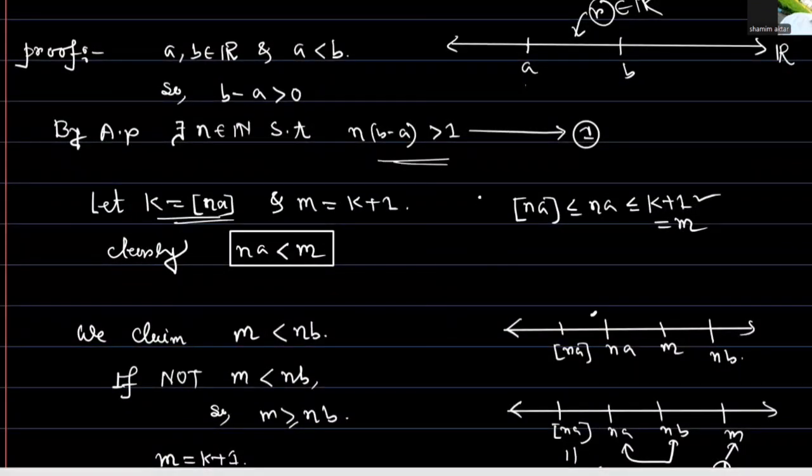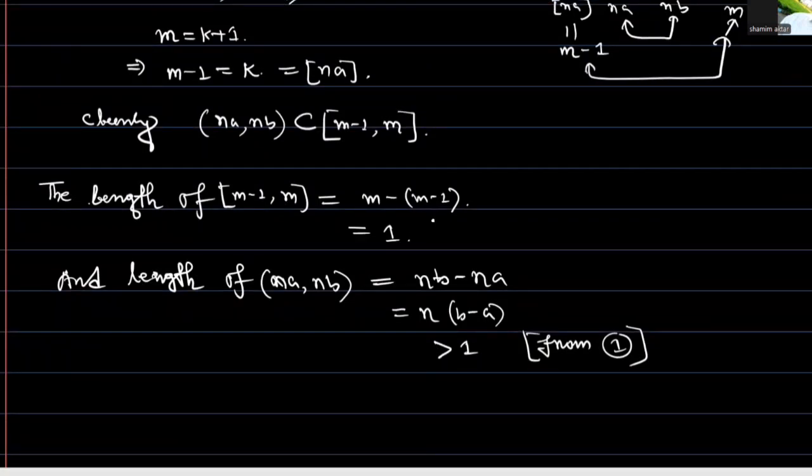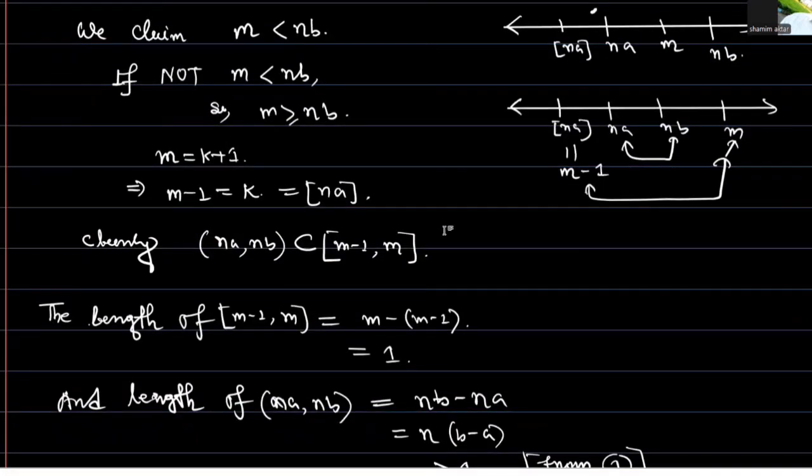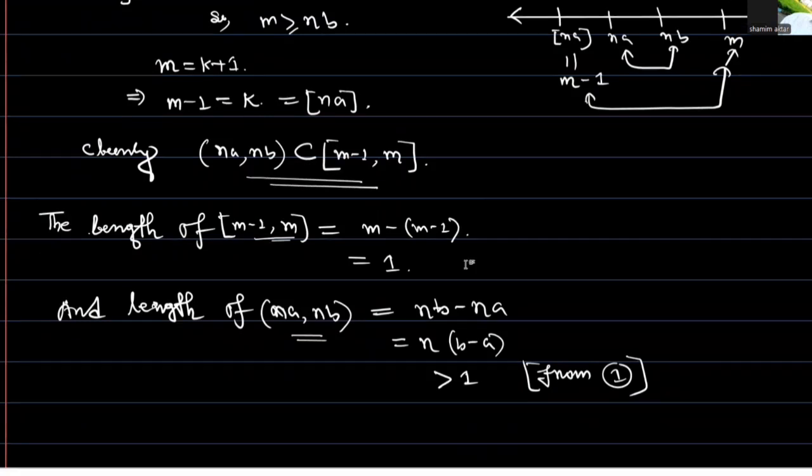From equation 1, this is greater than 1. Which is a contradiction. Why? The length of the interval (nA, nB), which contains the interval [m minus 1, m], is greater than 1. This is a contradiction.